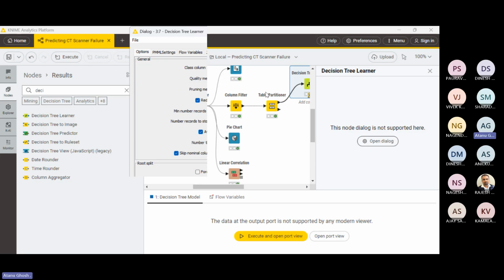Entropy we know is disorder, right? So whenever you are doing a classification, when you're branching off and putting into classes, you need to ensure that as far as possible you have observations belonging to one class only. So if 100% of your observations belong to one class, let's say machine will fail or not fail. Let's say I have 20 observations.